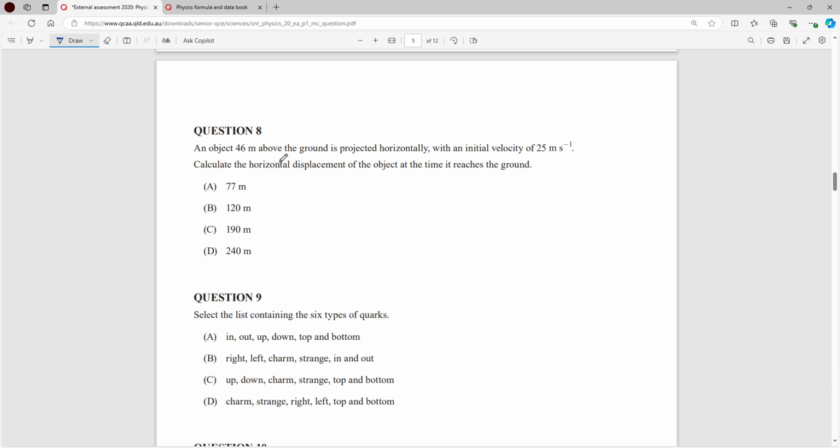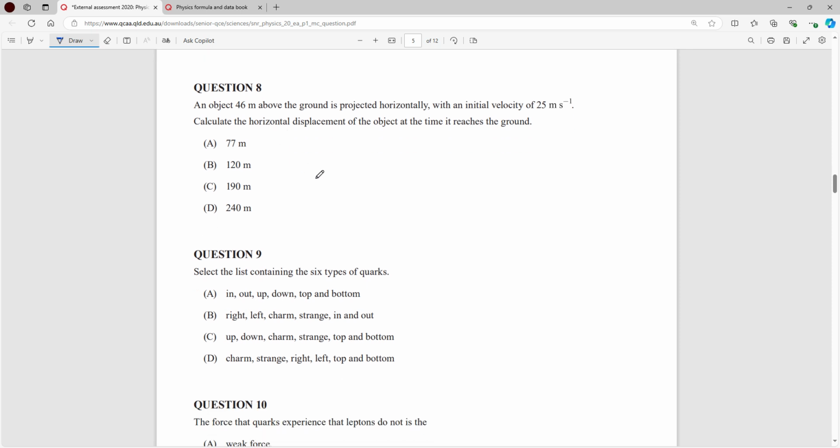Right, question 8. An object 46 meters above the ground is projected horizontally with an initial velocity of 25 meters per second. Calculate the horizontal displacement. So here, velocity, so u x is 25 meters per second, and s y is 46 meters. So here, with projectile motion, you've got to split up horizontal motion and vertical motion.